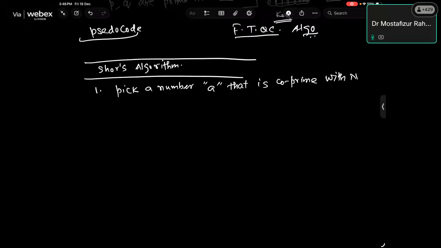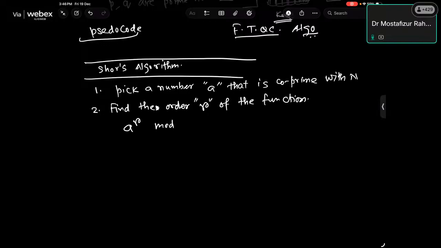Co-prime with n means no common divisors. Okay, and then find the order r of the function a to the power r modulo n.